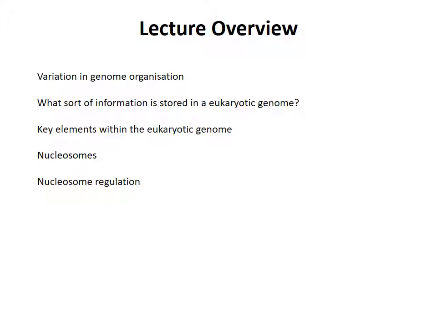We'll then talk about key elements within the eukaryotic genome, chromosome structure and key elements within chromosomes, before moving on to how we build a chromosome in a eukaryotic cell. It's a stepwise process that involves lots of different proteins and different types of regulation, and we'll touch upon some of those. We'll finish by talking about how we have to manipulate those same structures in order to gain access to DNA so that we can replicate and transcribe it, or we being the cell, obviously, when it needs to.